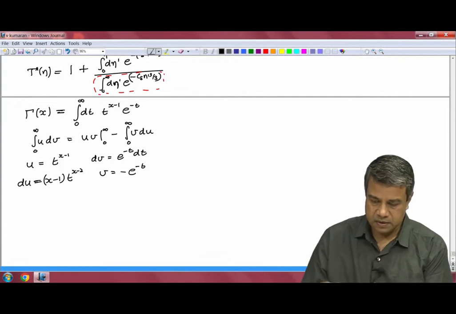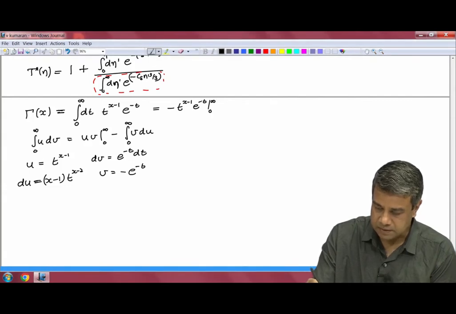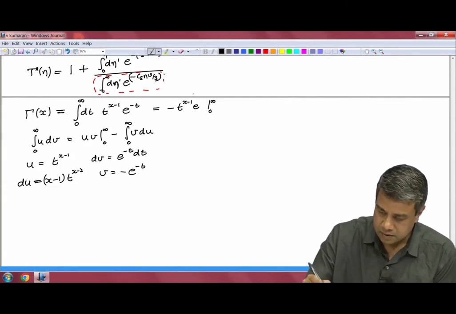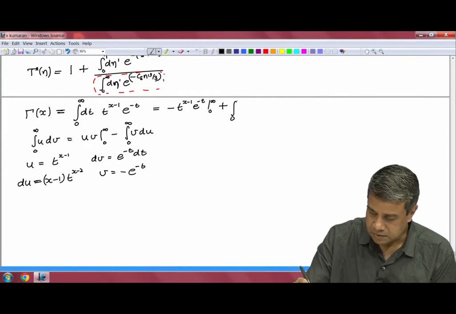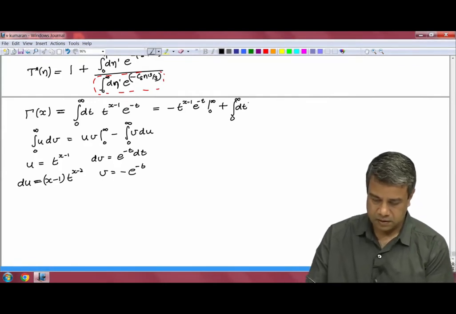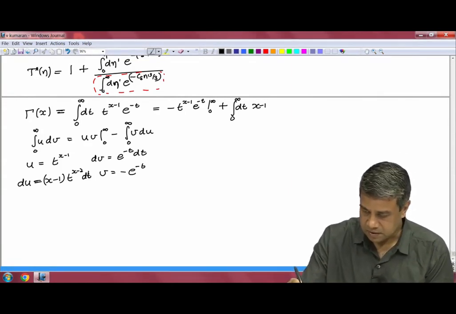Substituting that here, I will get this is equal to u times v, which is minus t power x minus 1 e power minus t between 0 and infinity, plus integral 0 to infinity of v times du, which is x minus 1 t power x minus 2 dt times e power minus t.